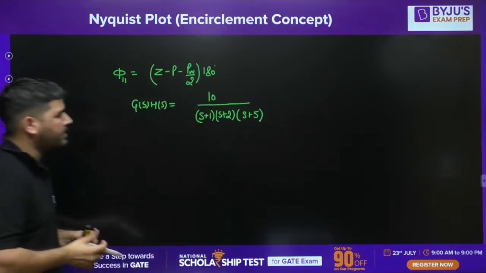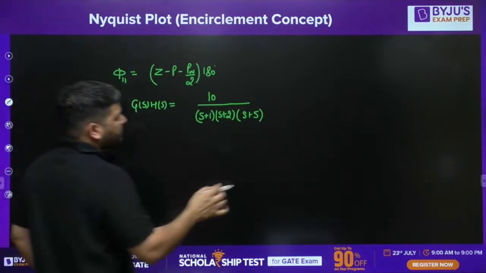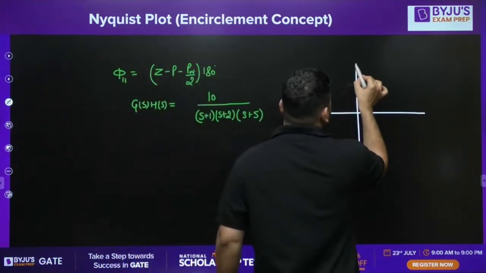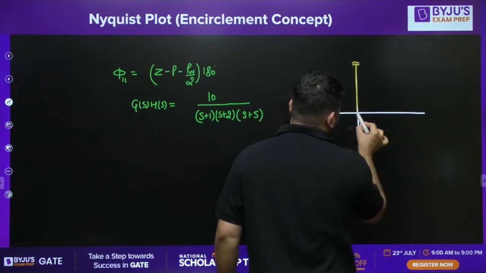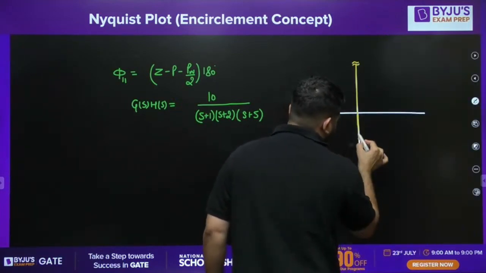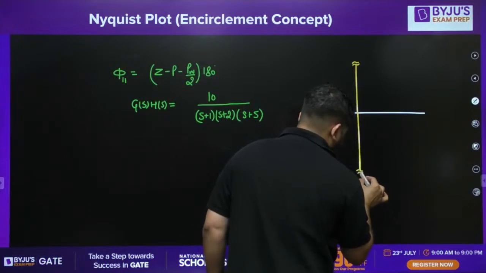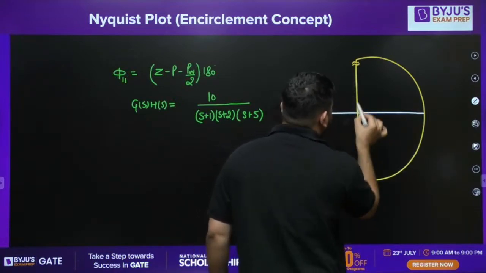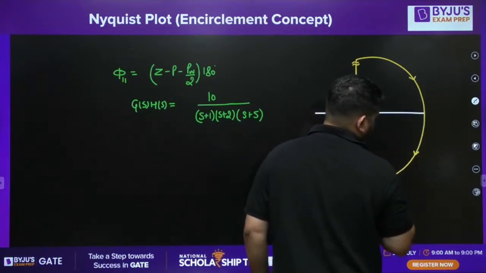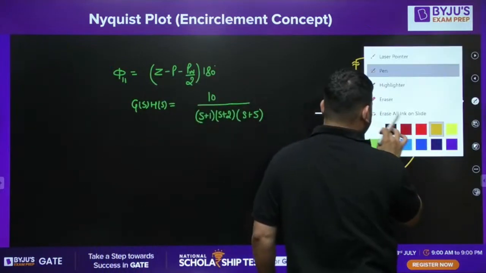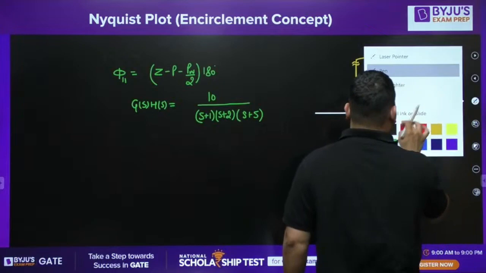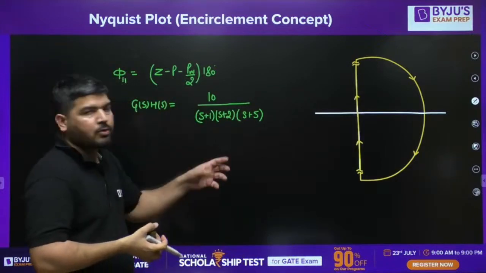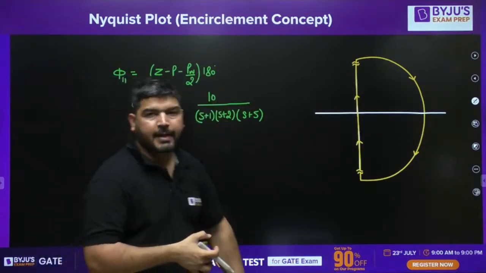Let's say this is my G(s)H(s), and you have this S-plane contour. Fine. Now what we want to do is check the closed loop system stability, whether the closed loop system is stable or not.